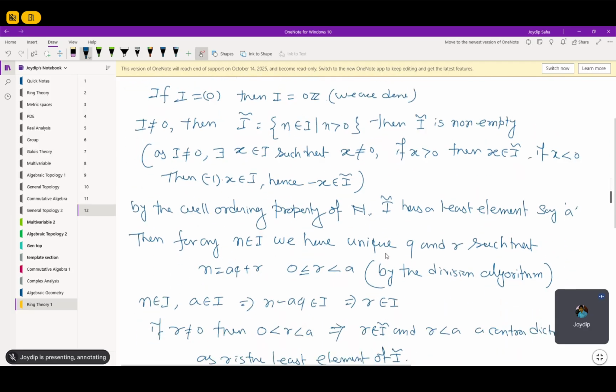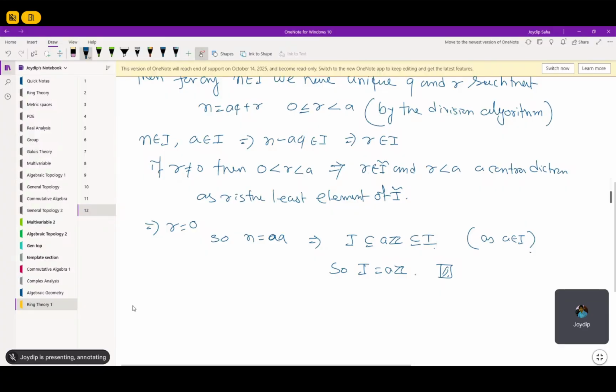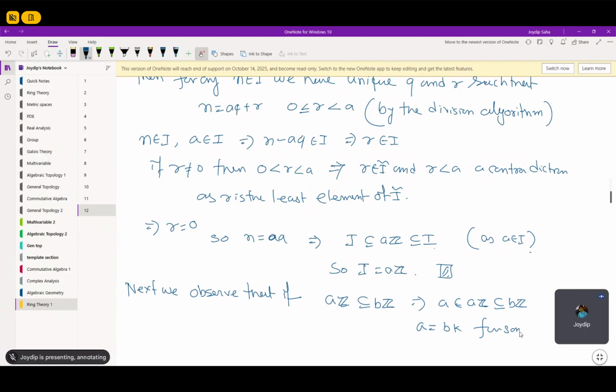Next we show what the spectrum is. Next we observe that if aZ is a subset of bZ, this implies a belongs to aZ, a subset of bZ. So a equals b times k for some k belongs to Z. This implies b divides a.